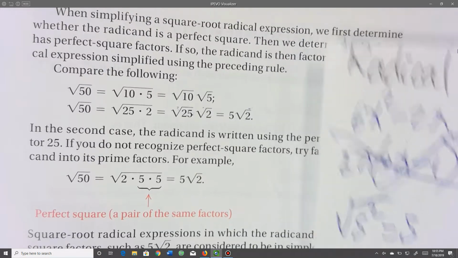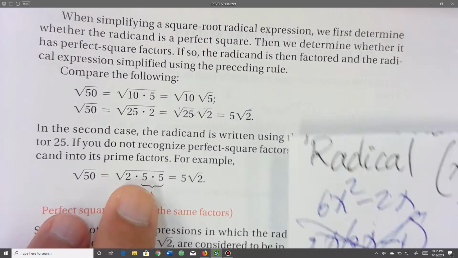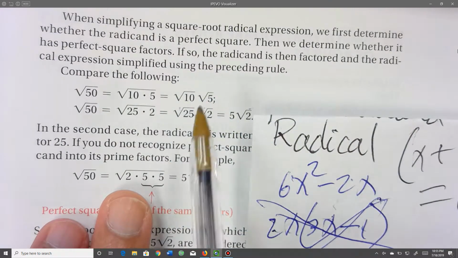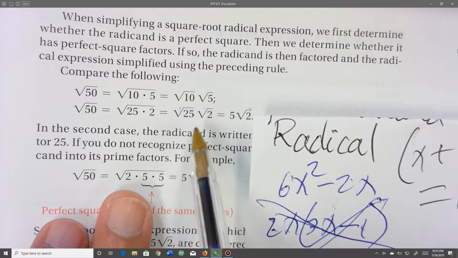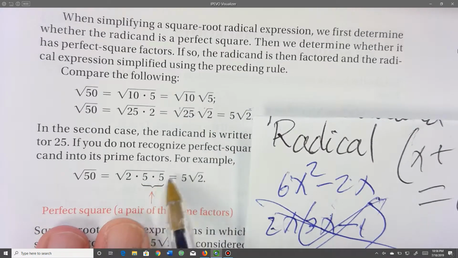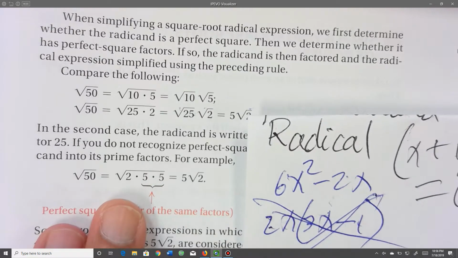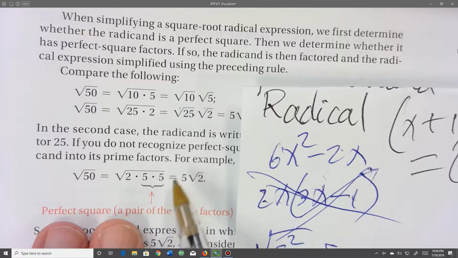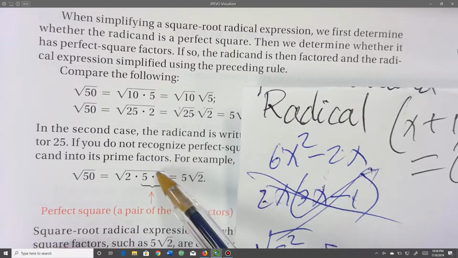Let's see what else. And if you cannot think of a factor that is a perfect square, go ahead and find all the factors. It's okay. Go ahead and find all the factors, and then just group them together by 2's. See, and those are going to be your perfect squares. So in this case here, 5 times 5 is the same thing as 5 squared, or 25.